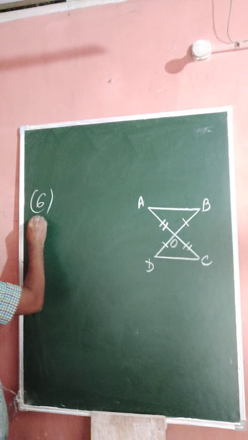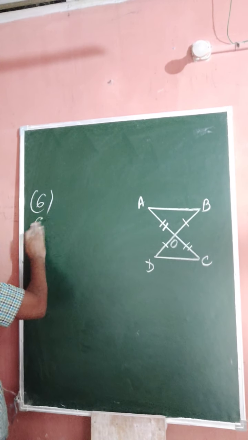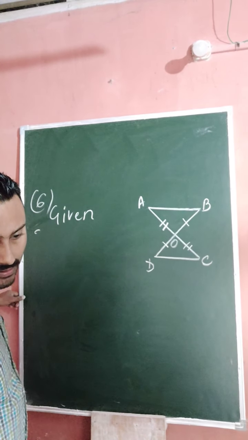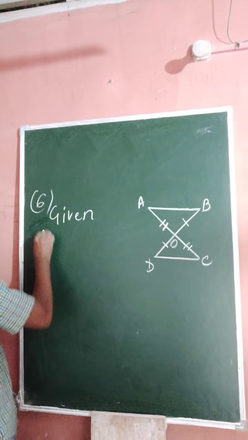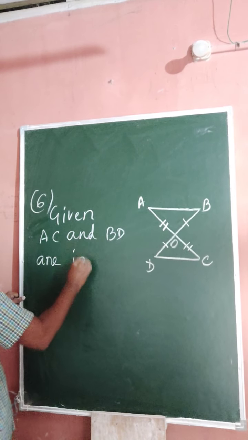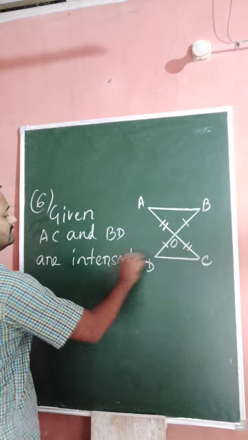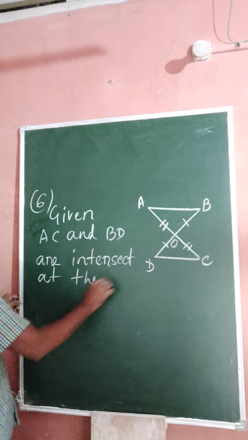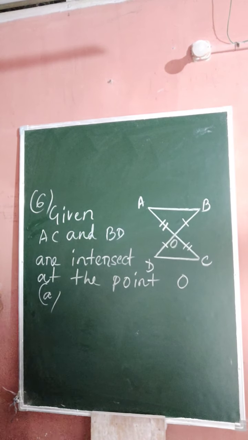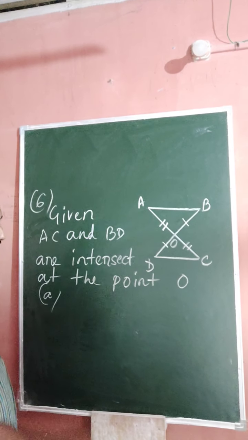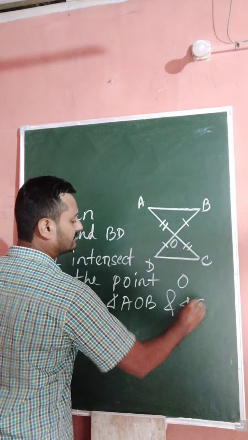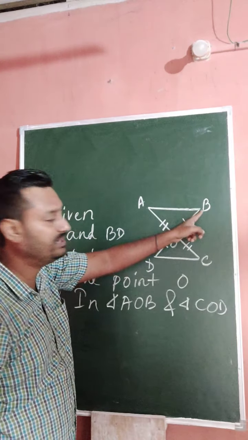Okay, so question A. Given AC and BD intersect at the point O. In triangle AOB and triangle COD, look at this one, AOB and COD.